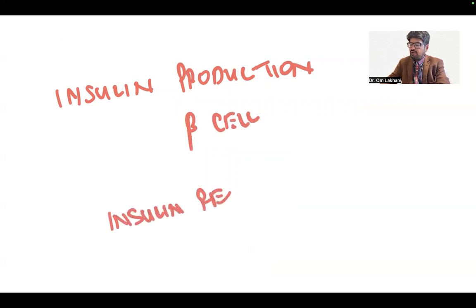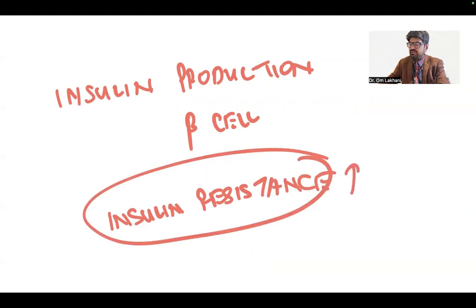Now, because of obesity or because of ectopic fat deposition, visceral fat, the insulin resistance keeps increasing. But the body doesn't sit quietly. It keeps increasing the insulin production by the beta cell to match for this insulin resistance. But there comes a point of time where the insulin production is not able to match with the insulin resistance, and that is when diabetes occurs.